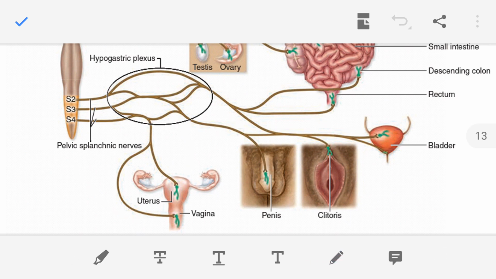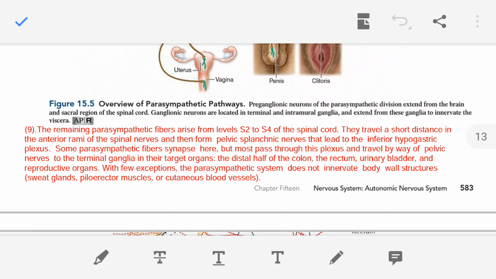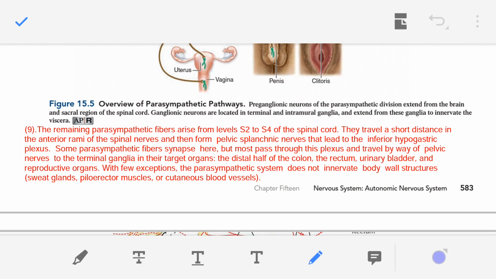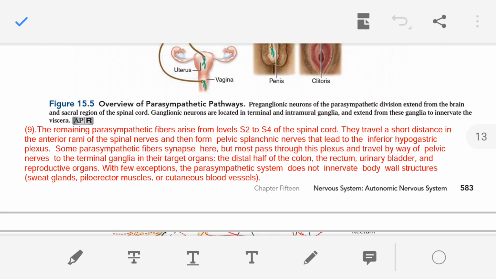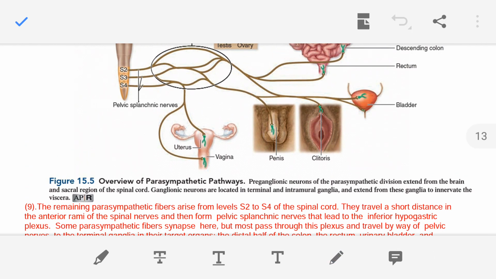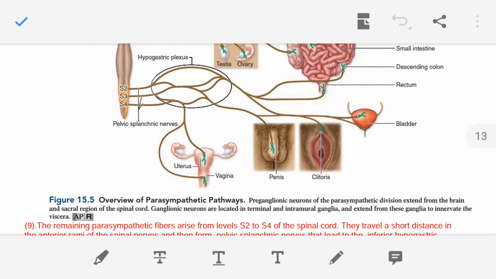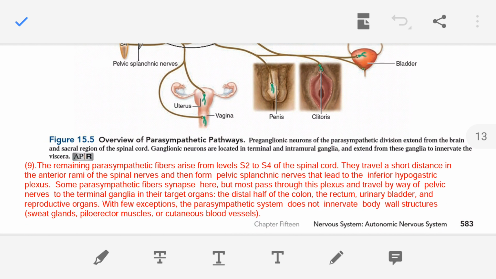The parasympathetic fibers which arise from the S2 to S4 level of the spinal cord innervate the reproductive organs, bladder, colon, and rectum.